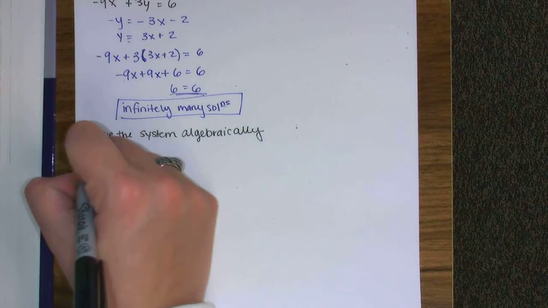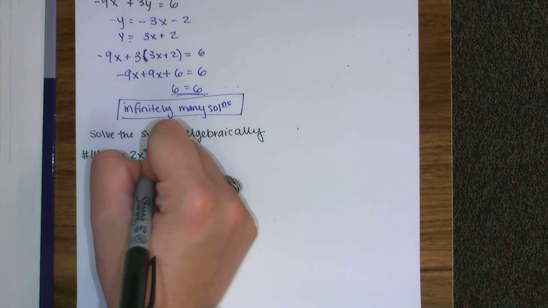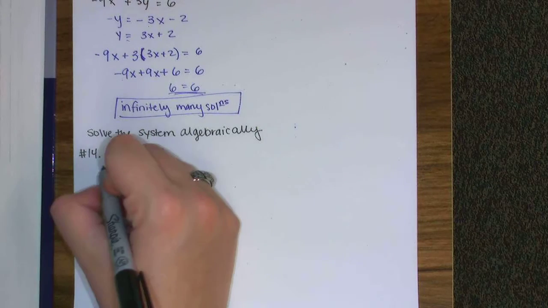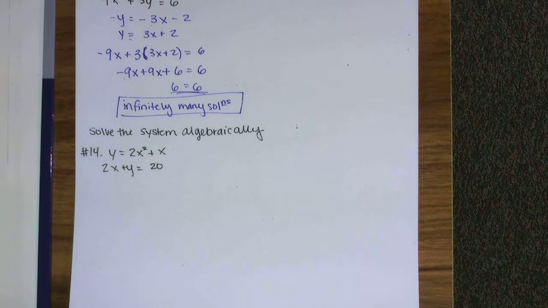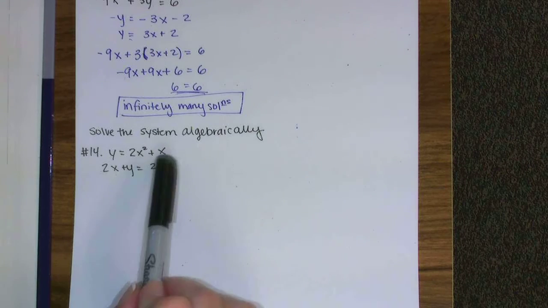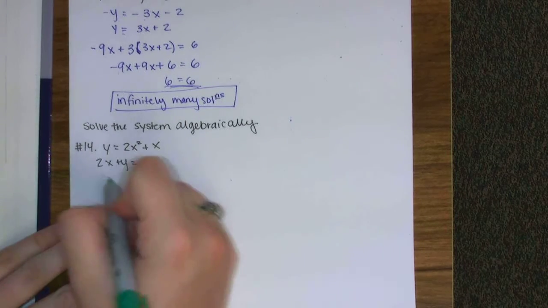Alright, so 14, we have y is equal to 2 times x squared plus x, and we have 2x plus y is equal to 20. So your first instinct initially would probably be to tell me to plug in this for y down here and solve for it, which in some respects that's what we're doing, but what we actually need to do is move this 2x over.